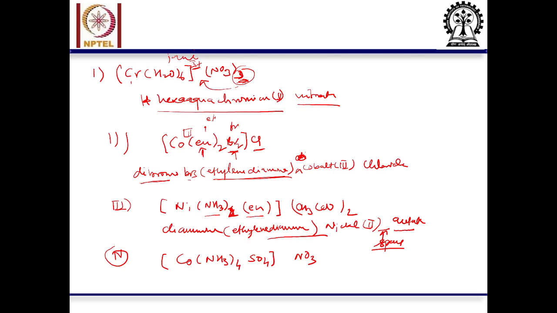Okay, I think everything is right except one minor mistake is there in this. Can anyone point out here? Tetraammine sulfato cobalt(III) nitrite. Can anyone point out where the mistake is?